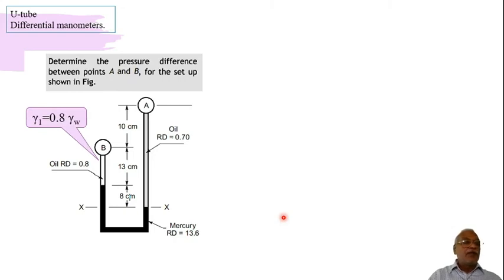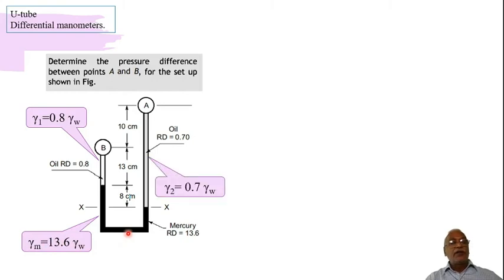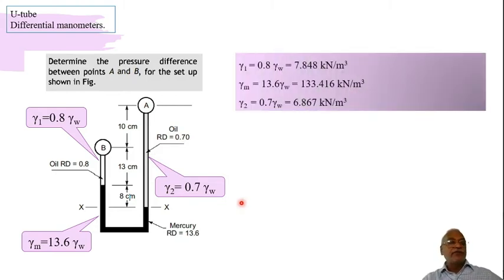Now here when it is given that the relative density is 0.8, I can work out gamma 1, that is specific weight of liquid 1 or oil 1. Gamma 1 is equal to 0.8 into gamma W. Similarly, specific weight of mercury is 13.6 into gamma W, and the last one, specific weight of the liquid over here, I have called it gamma 2, which is equal to 0.7 into gamma W. I have worked out all the three values.